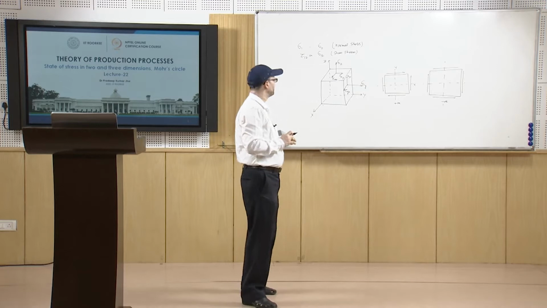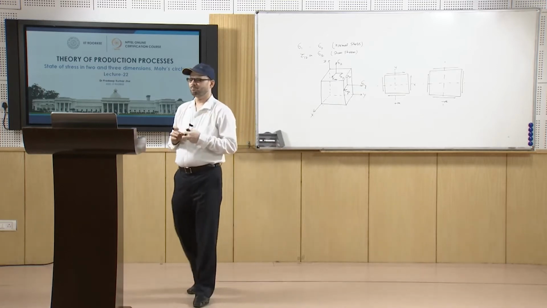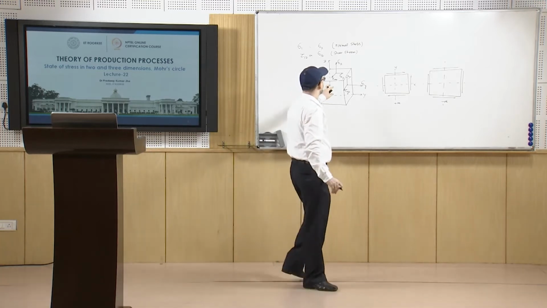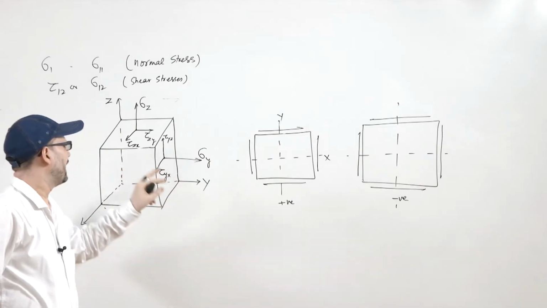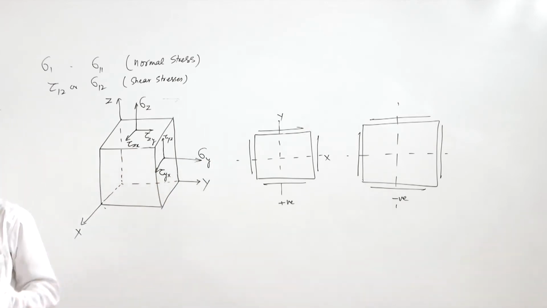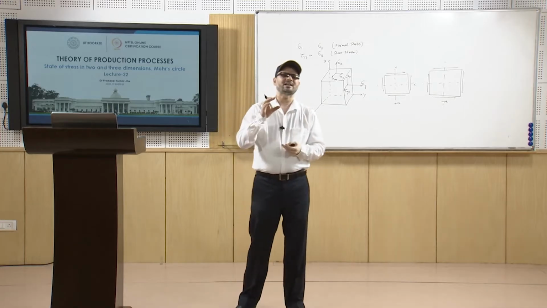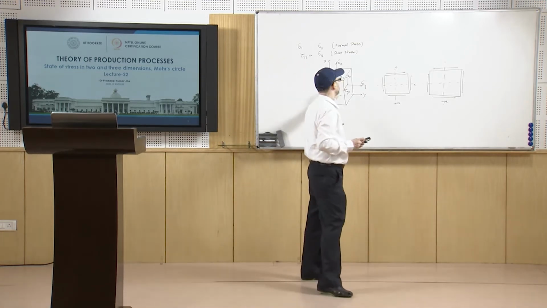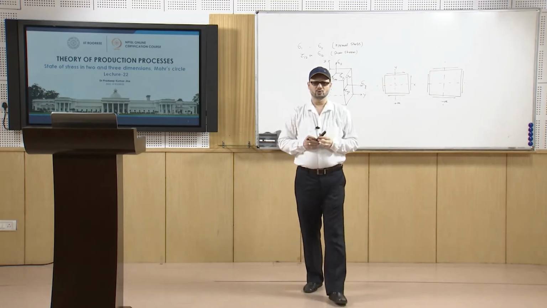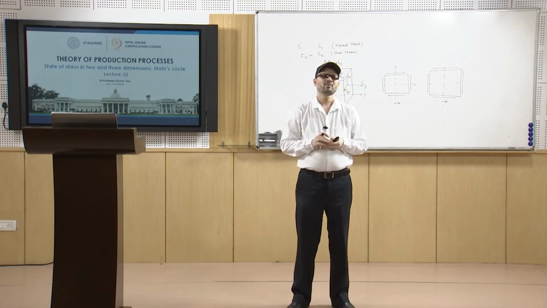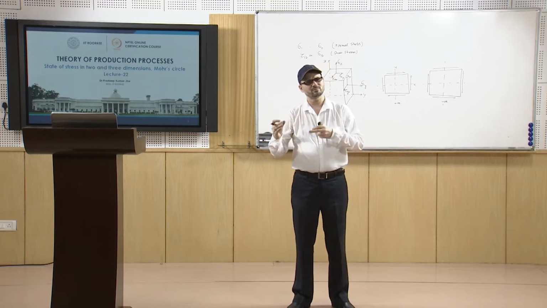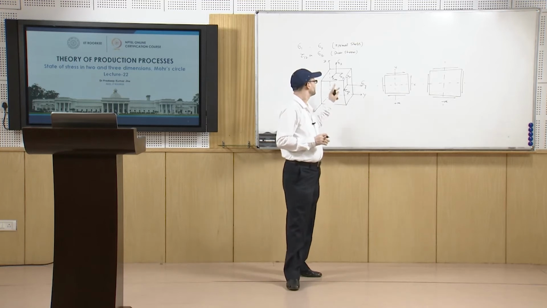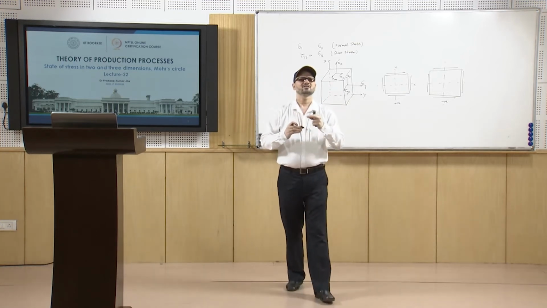Now, if you take the small element, what we see here is that for describing the stress at a point, ultimately you need 9 quantities. You will have sigma x, sigma y, sigma z, 3 normal stresses and 6 shear stresses.